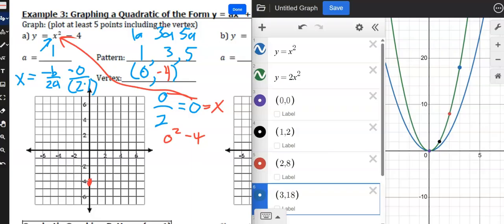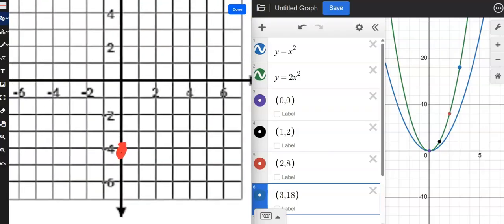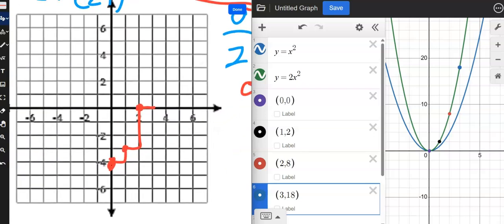Okay? And if we use the pattern 1, 3, 5, we go 1 to the right, 1 up. 1 to the right, 3 up. 1 to the right, 5 up. And then we're just going to copy points to the other side.